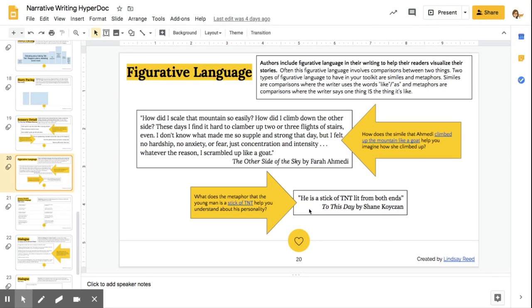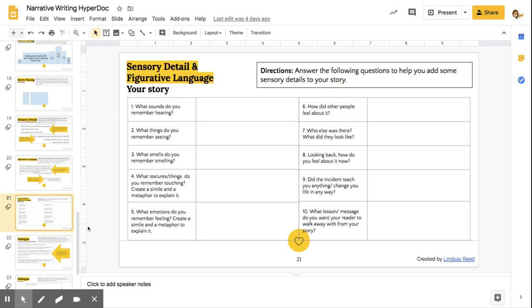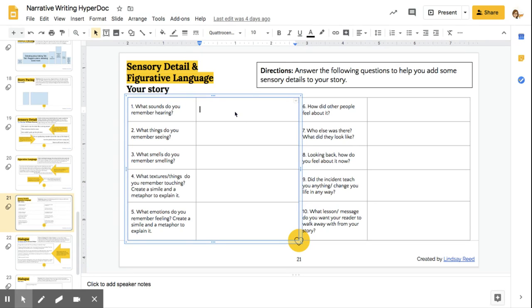All right, so now what are you going to do with these two concepts of sensory detail and figurative language? Well, you're going to go down to slide number 21, and you're going to start filling in this table. So I'll start filling in a couple from my story about being a teacher the first time. What sounds do you remember hearing? Kids coming into the building.